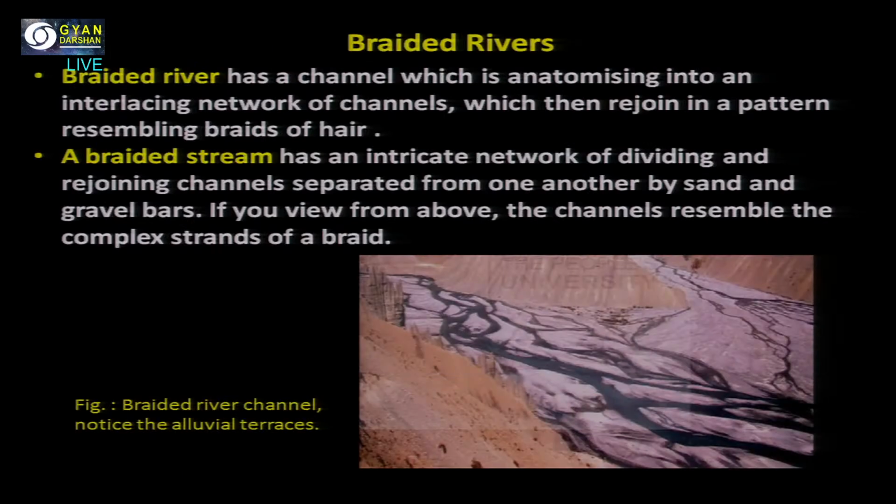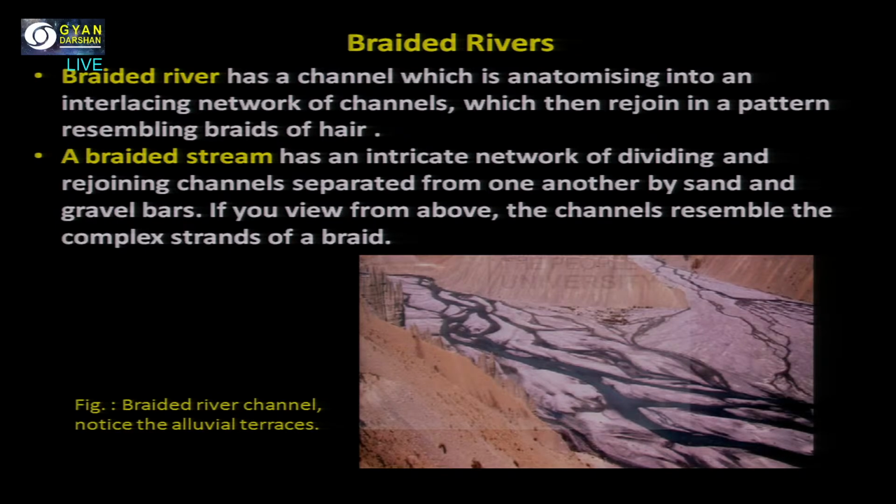Another type of landform is the braided river. As mentioned earlier, braided rivers resemble the pattern of the braids of hair. This has a network of channels, and likewise a braided stream has an intricate network of dividing and rejoining channels that are separated from one another by sand and gravel bars.